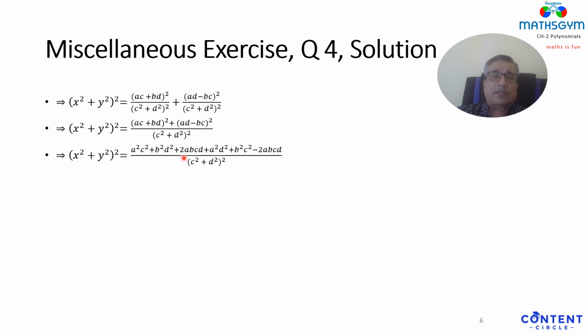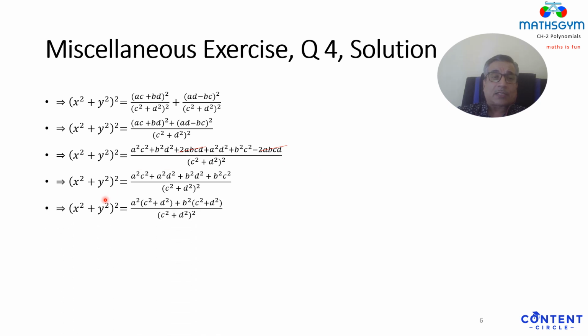So it's going to be ac plus bd whole square plus ad minus bc whole square. That's how the right hand side is. When we expand, it becomes a square c square plus b square d square plus 2abcd plus a square d square plus b square c square minus 2abcd. And you can see that plus 2abcd and minus 2abcd cancel out.